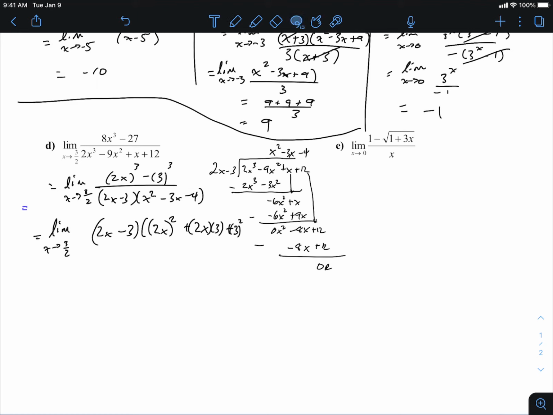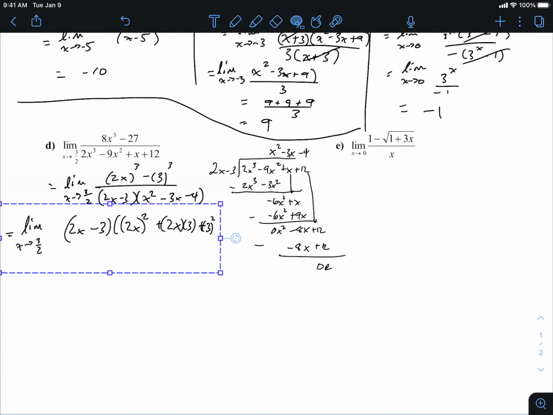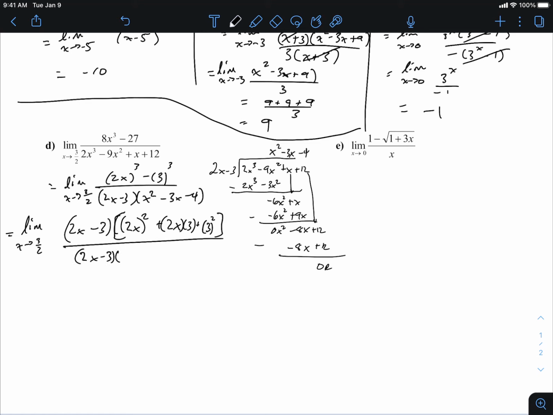I'm going to move this over. Just ran out of room. And that's all still divided by the 2x minus 3 over x squared minus 3x minus 4.